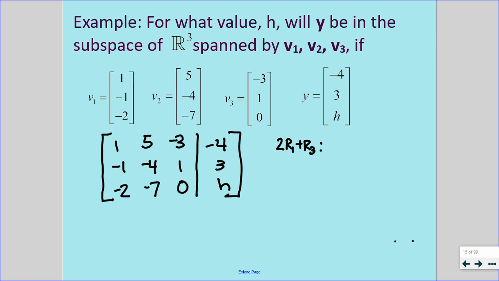So then we have 0, 3, -3, and I think this is not -3.